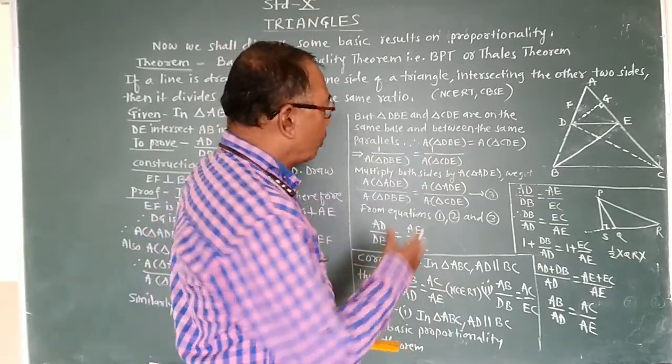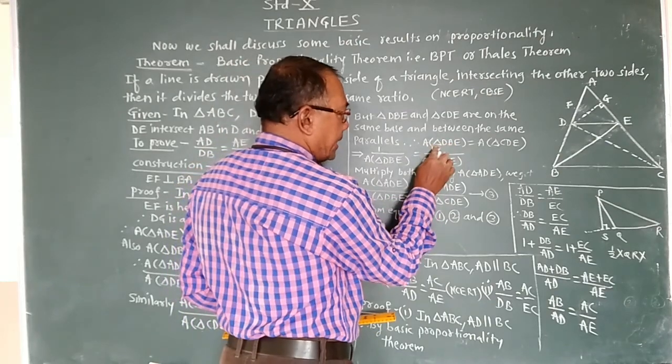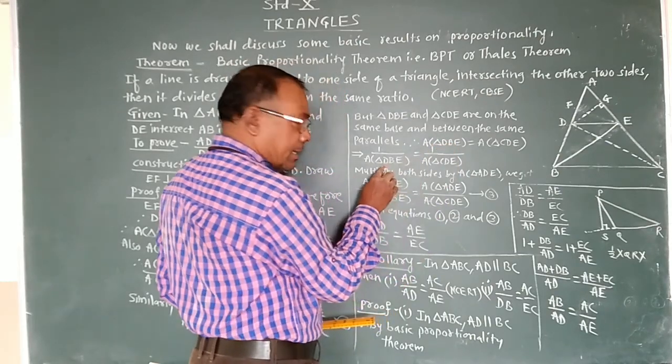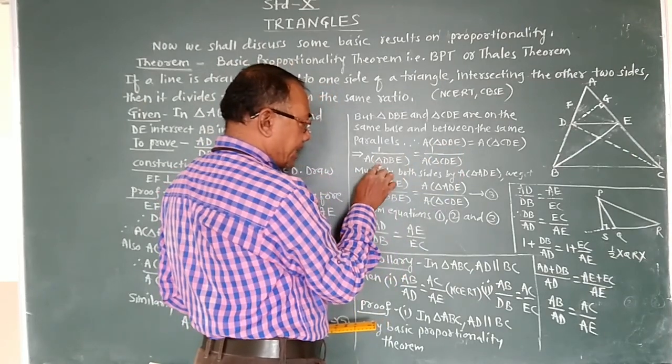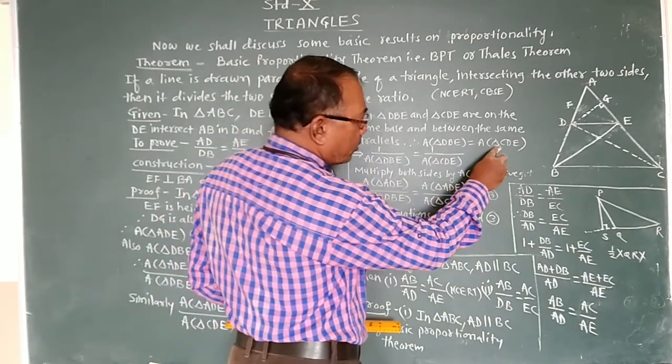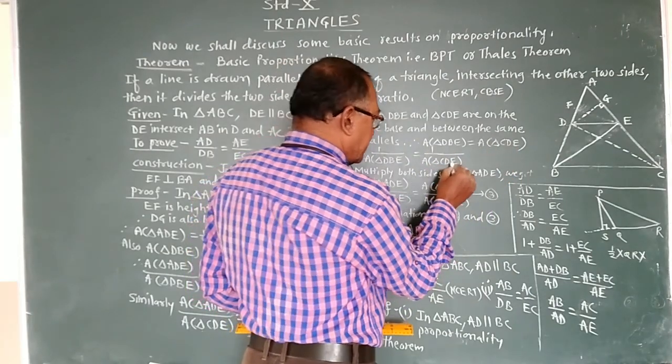And now if we take reciprocals, that is area triangle DBE, reciprocally it will be 1 upon area triangle DBE, and reciprocal of triangle CDE it will be 1 upon area triangle CDE.